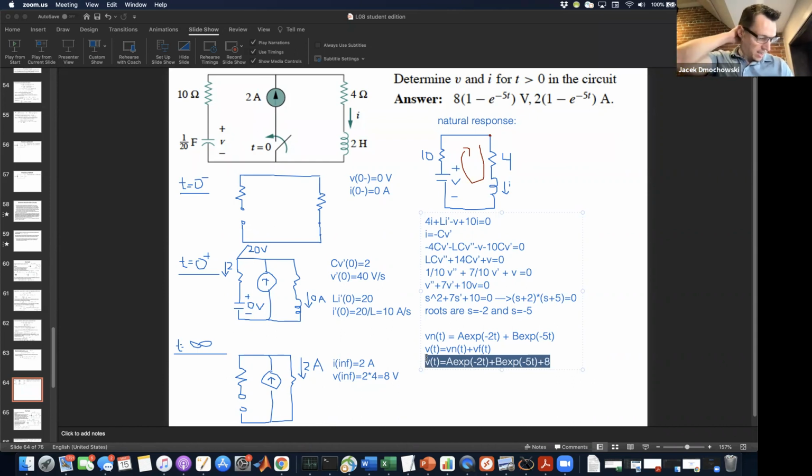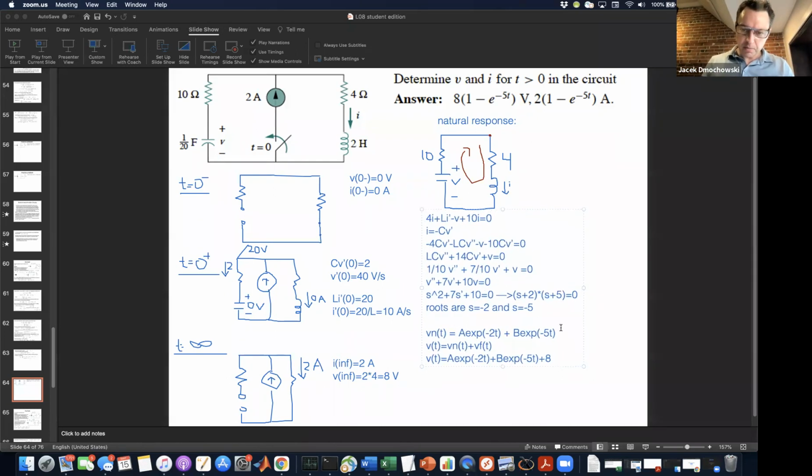We just need to get now the A's and the B's. So how do we get the A's and the B's? We do it as always. We plug in the initial conditions. So V of 0, which has to equal A plus B plus 8, is equal to 0. And so we have that A plus B equals -8. V prime of 0, which is equal to -2A minus 5B, has to equal 40, I believe.